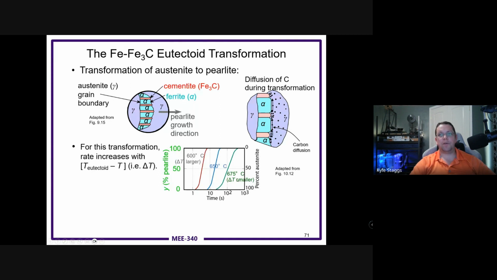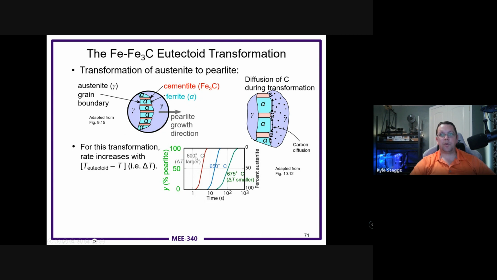So if you cool it from 727 to only 675, it's going to go slower. If you cool it down instead to 650, it's a little faster. If you cool it all the way down to 600, it's a little faster. So the pearlite formation happens much more quickly as the percent austenite gets reduced to 0.